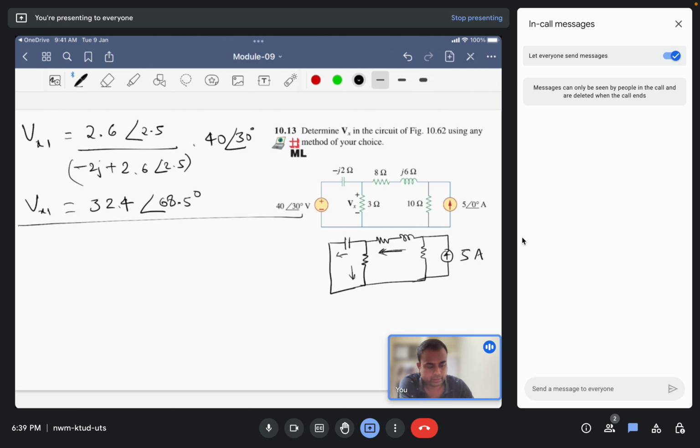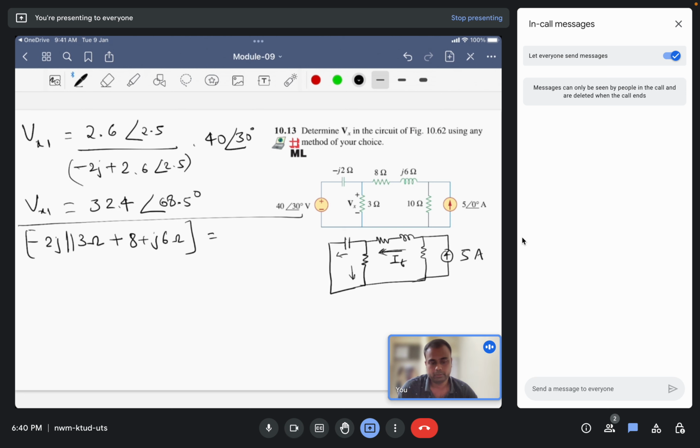So let us calculate, call this as IT, total current IT. So the total current IT will be, these two are in parallel, so minus 2j parallel in 3 ohm, and then in series of 8 plus j6. So let us find this term here.